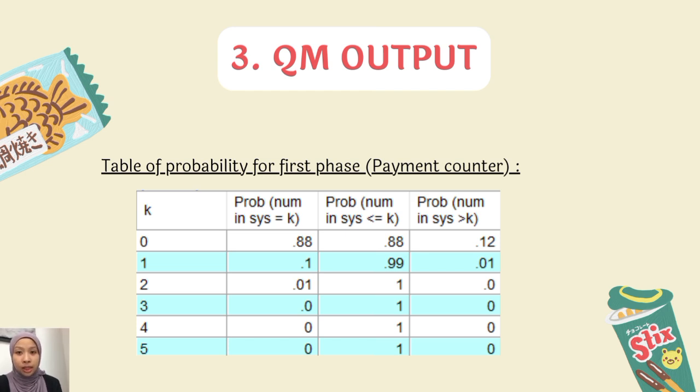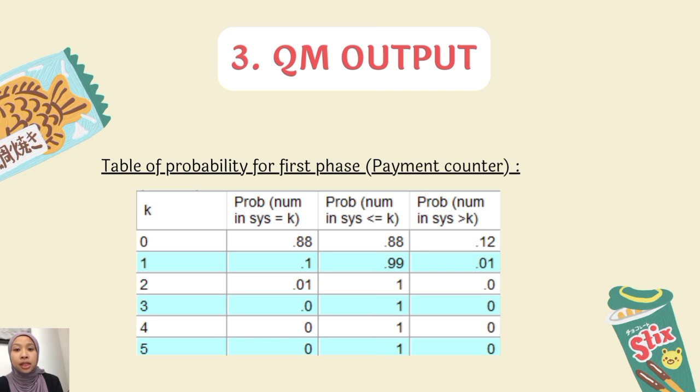The column probability number in system less than or equal to K represents the cumulative probability, which tells us the likelihood that the number of customers in the system is less than or equal to a certain value of K. For instance, for K equals 1, the cumulative probability is 0.99, meaning there is a 99% chance there are one or fewer customers in the system.